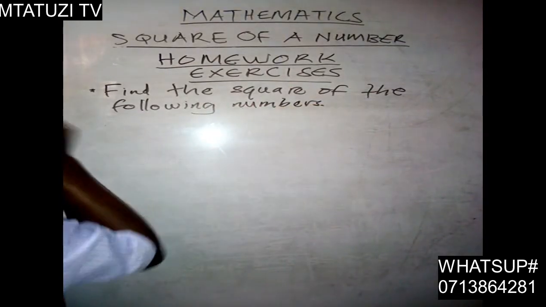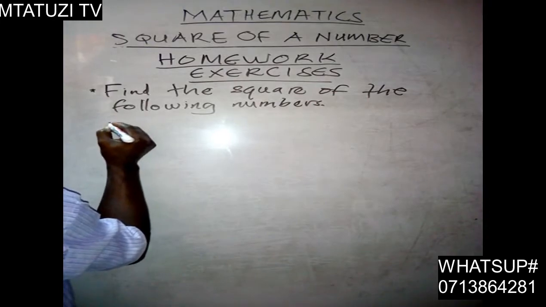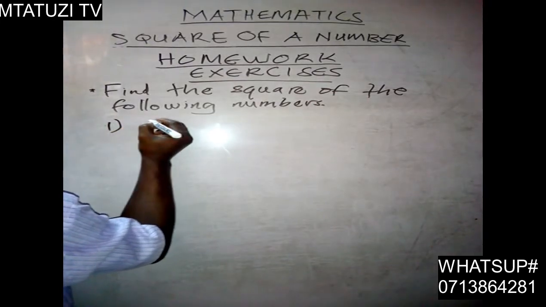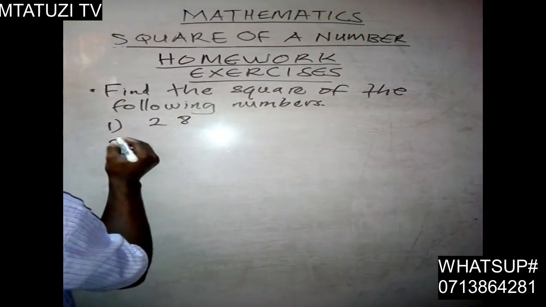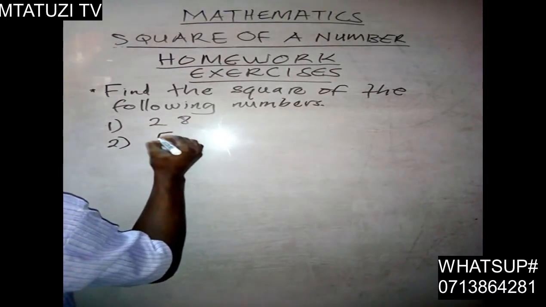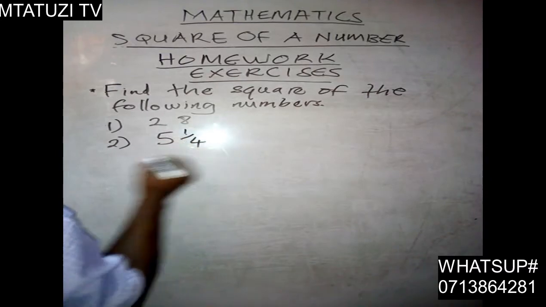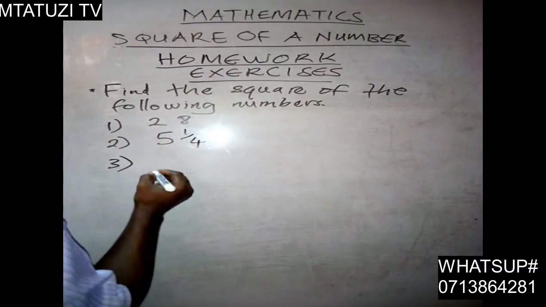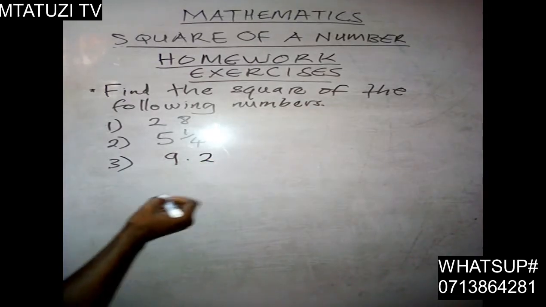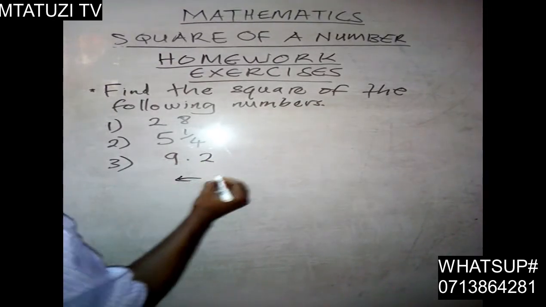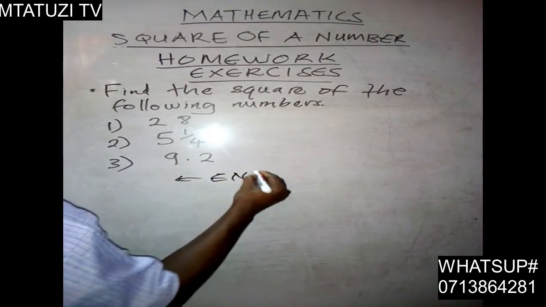Number 1, you are given 28. Number 2, you are given 5 1/4. Number 3, you are given 2.3. So you are required to find the square of these numbers.